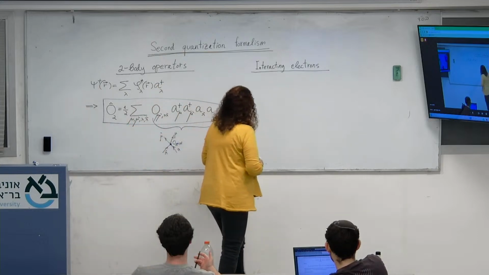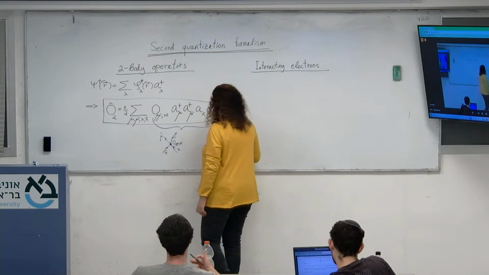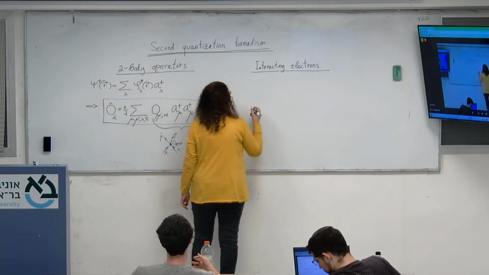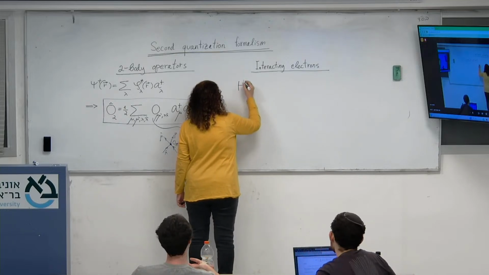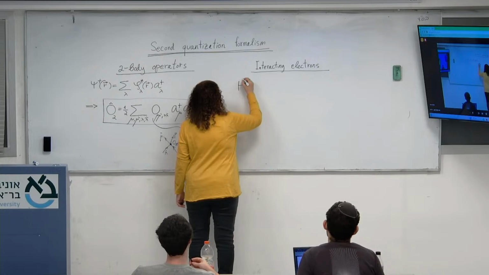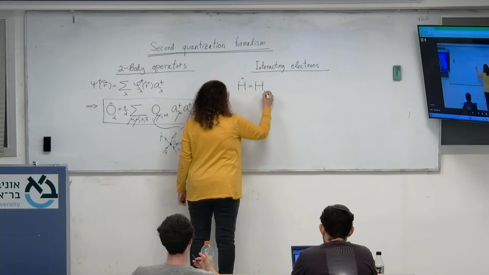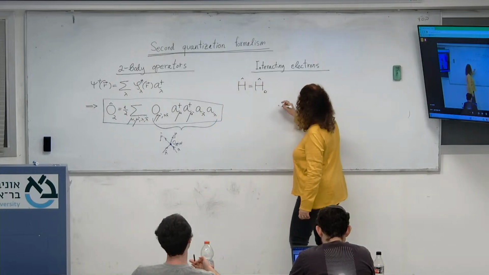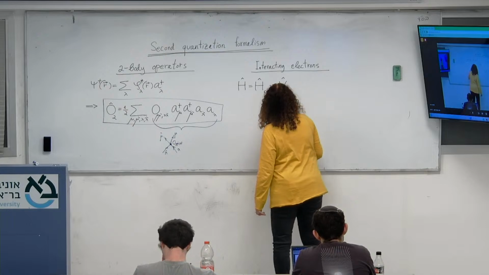Okay, so yeah, so let me write a Hamiltonian that has the following terms. There's a single body part which I call H naught plus interaction.